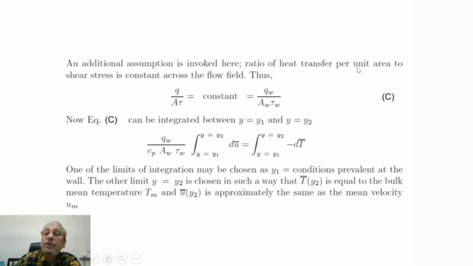Heat transfer per unit area to shear stress is constant, and at the wall it is QW divided by wall area into tau W, the shear stress at the wall.